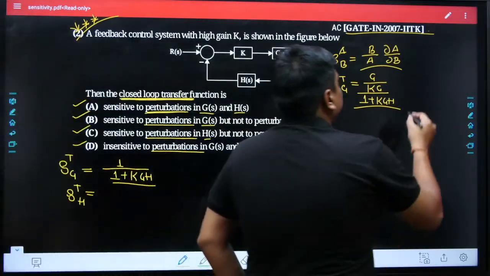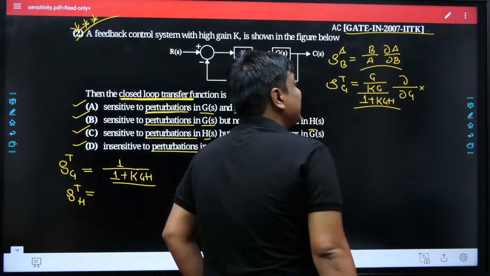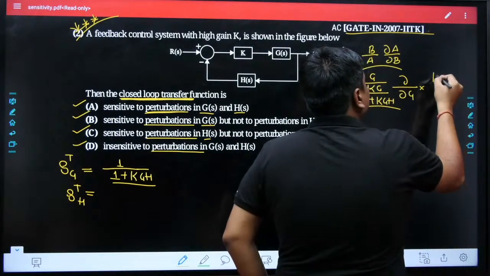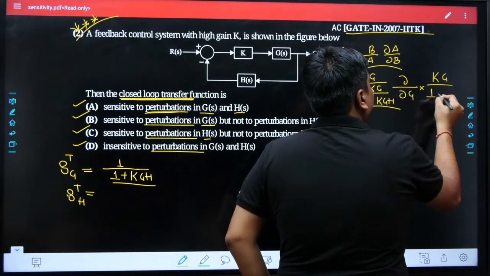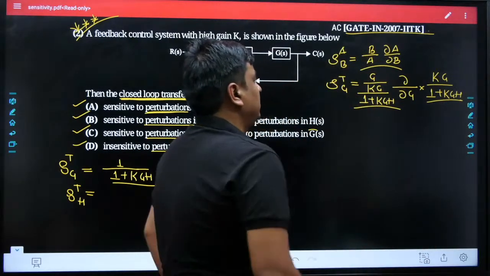Now let me go ahead with the next one. It is going to be ∂ of ∂G, the differentiation of the transfer function with respect to G. Tell me what it is going to be. It's going to be KG divided by 1 plus KGH, whole differentiated.